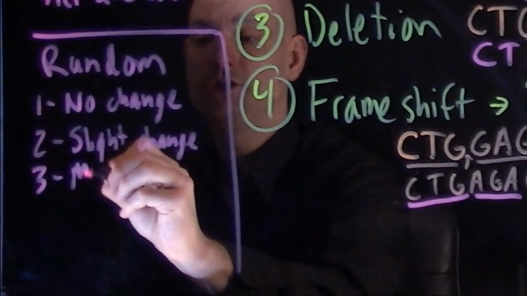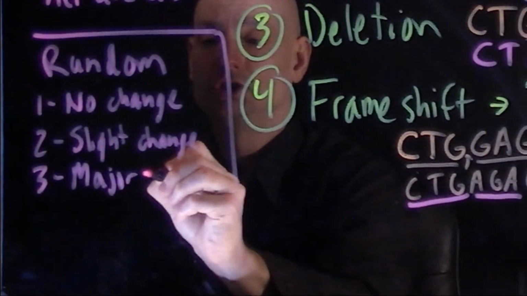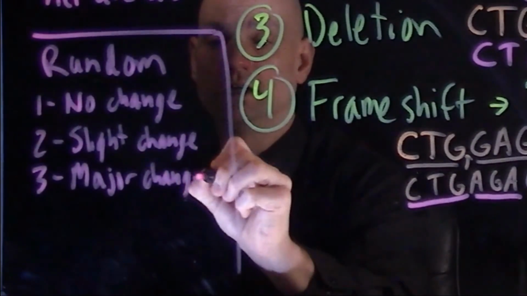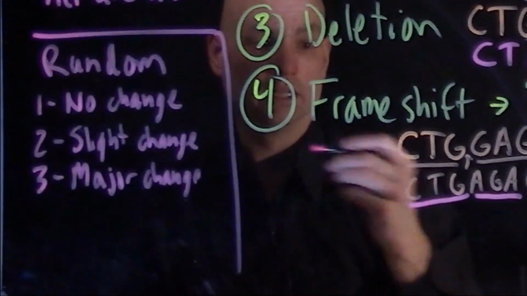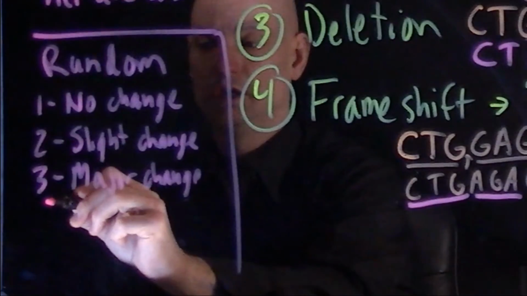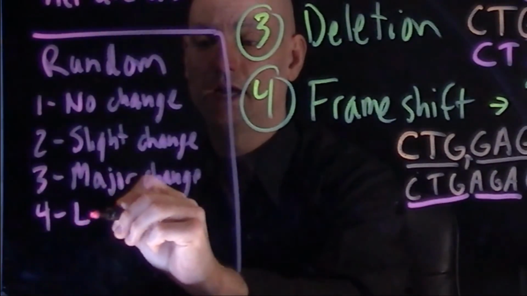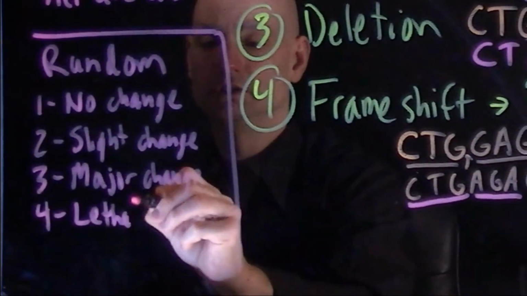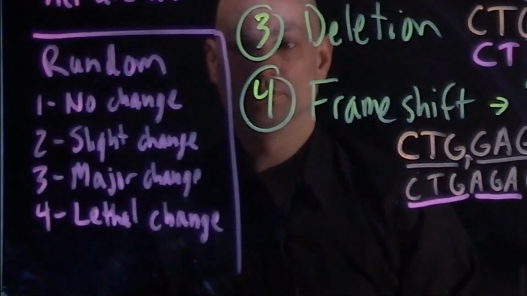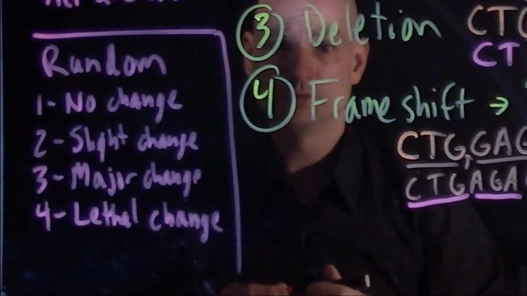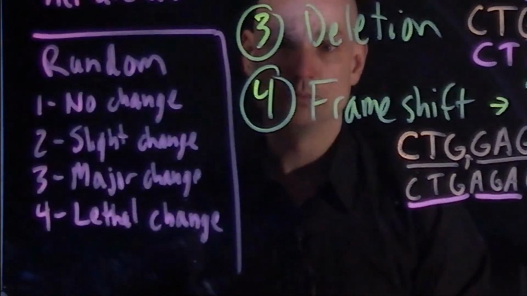They could lead to a major change, like coming up with an incomplete protein, or perhaps even a frame shift mutation. And even more so, we could have a lethal change, which means the death of that organism. Okay, so that covers mutations. Hope you learned something.